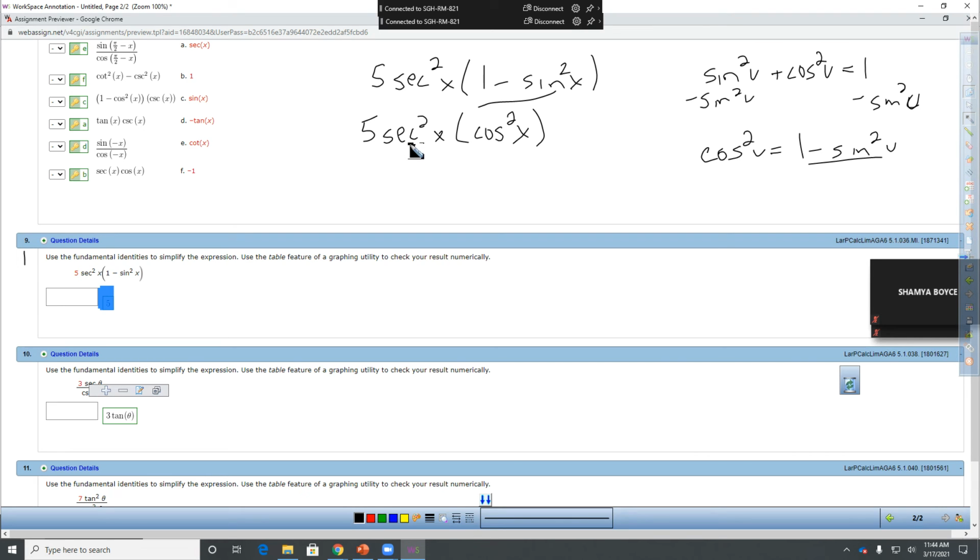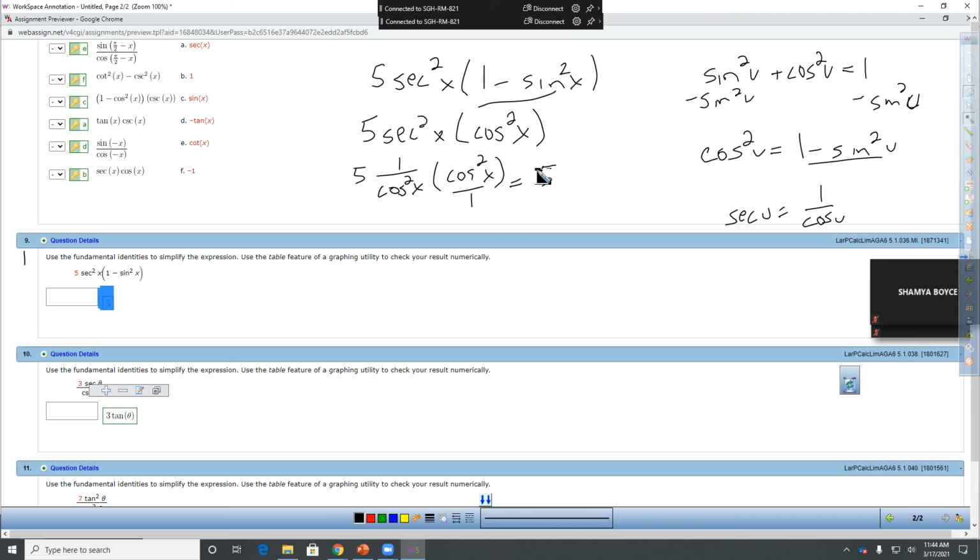Now, if I look at secant, here's what I know. I know secant is equal to 1 over cosine of u. So this is going to be a comparison of secant and cosine. They're both in this identity. So what I also know is true is that secant squared of x is going to be equal to 1 over cosine squared of x, times cosine squared of x, which I could write over 1.